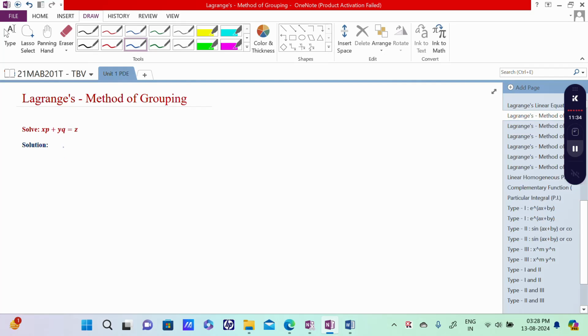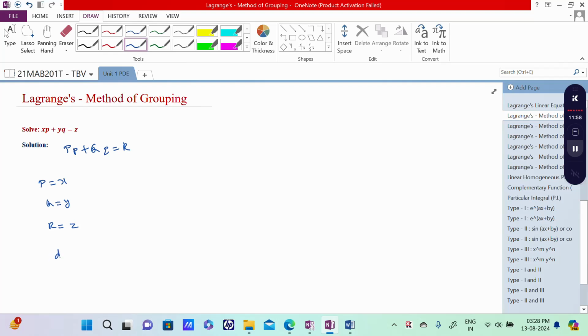Look at the Lagrange's linear equation, capital P small p plus capital Q small q equals R. Here capital P is x, capital Q is y, and capital R is z.